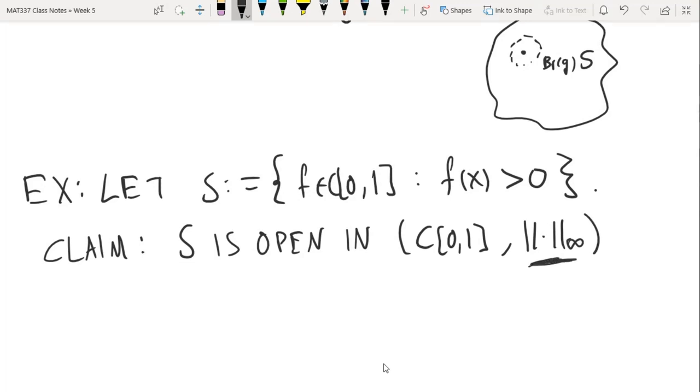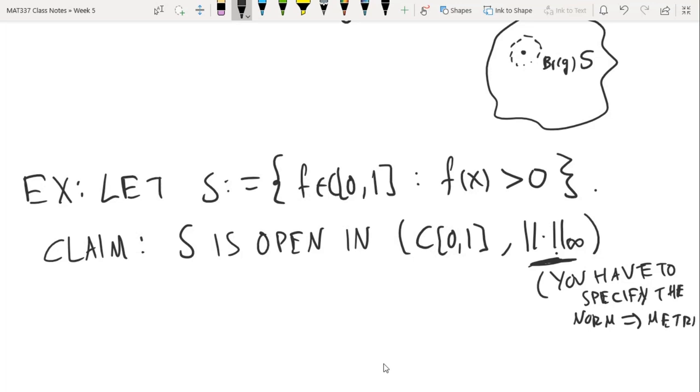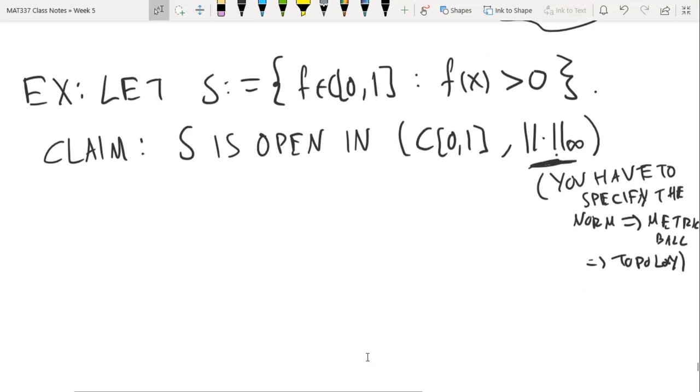So you always have to specify the sup norm. I mean, you have to specify the norm because it specifies the metric ball, which specifies the topology. Let me continue this remark because it's important.